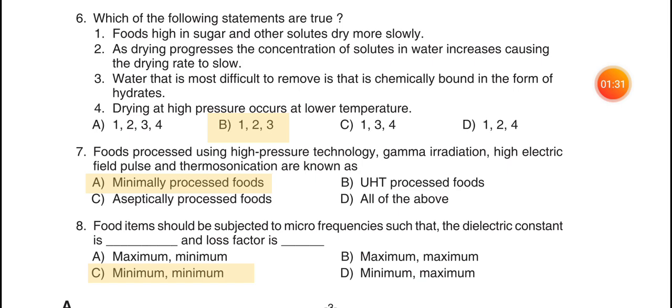Foods high in sugar and other solute dry more slowly. 2. As drying progresses, the concentration of solute in water increases, causing the drying rate to slow. 3. Water that is most difficult to remove is that is chemically bound in the form of hydrate. Option B 1, 2, 3 is the right answer.